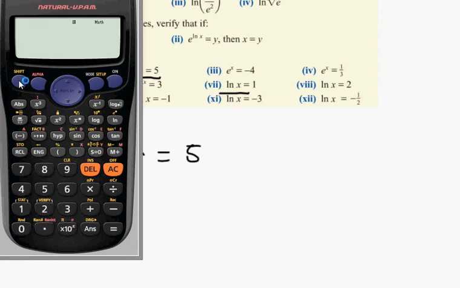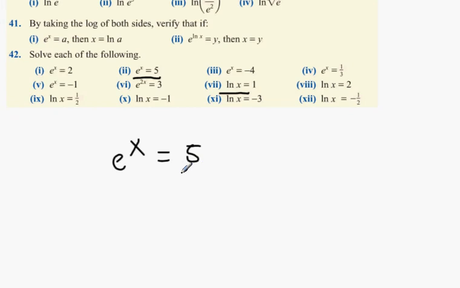Shift, e to the power of 1 is 2.71. What's e to the power of 2? 7.38. You know it's crossed the number 5, didn't it? So our answer is going to be in between 1 and 2 somewhere, because it has to be whatever power turns into 5.